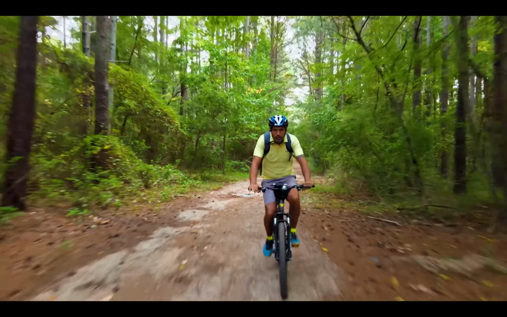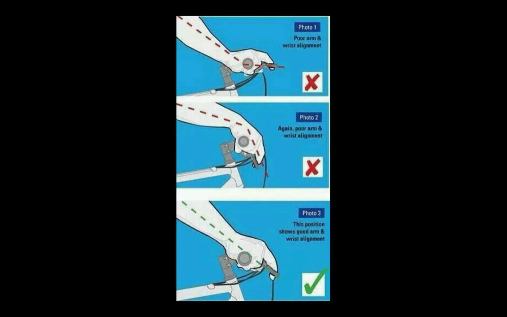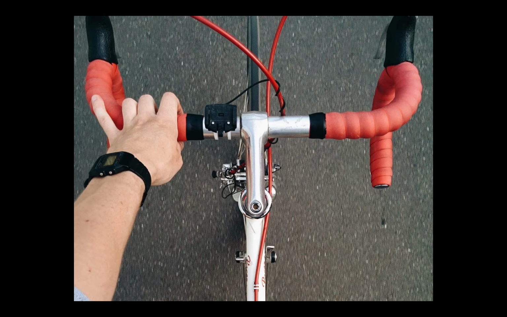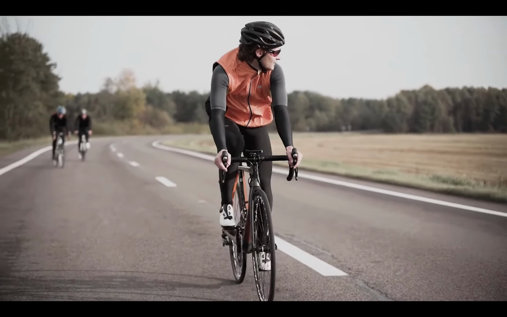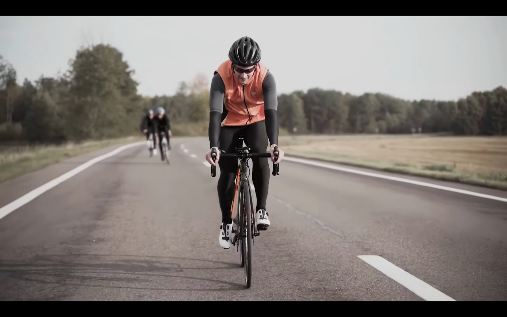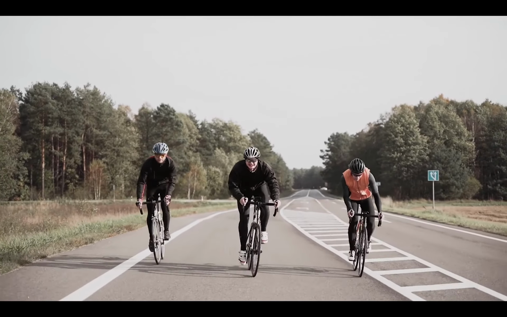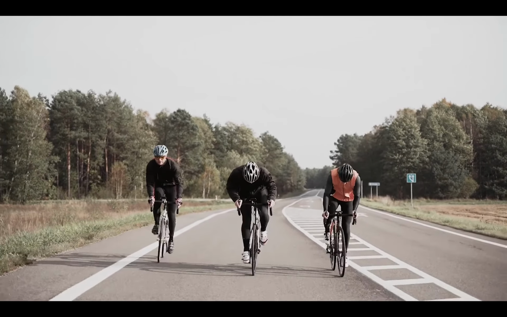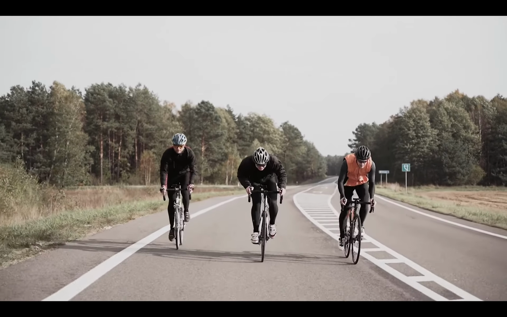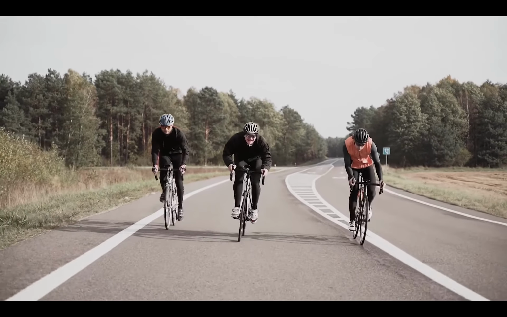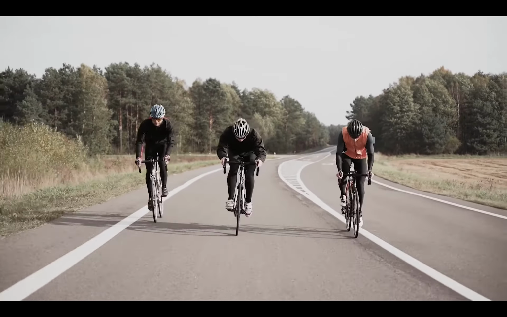Handlebar reach can be manipulated by changing stem length to your most comfortable feel for your bike. Typically speaking, modern endurance road bikes come with shorter reach handlebars, while more race-focused models still use a longer reach, allowing riders a more aggressive riding position.